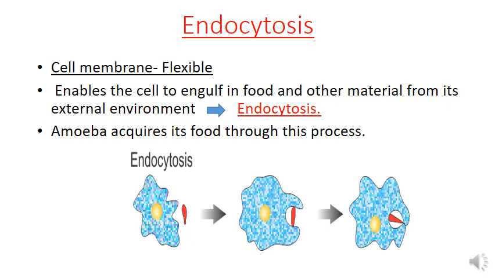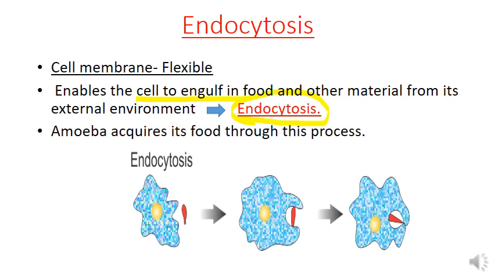So this property enables the cell to engulf food from the external environment. A cell can take food and other materials from the external environment as the cell membrane is flexible. This process is known as endocytosis.